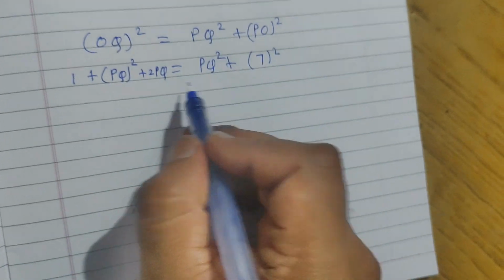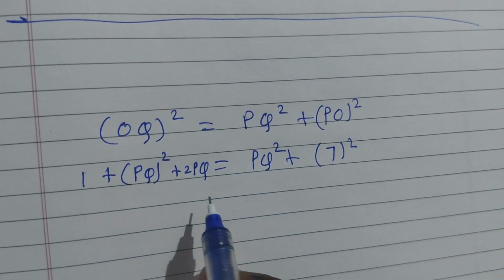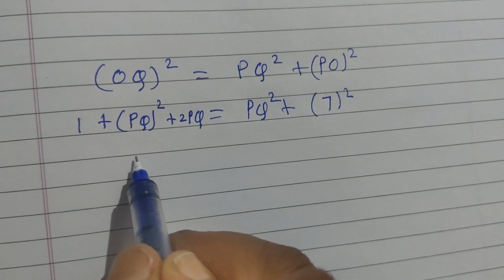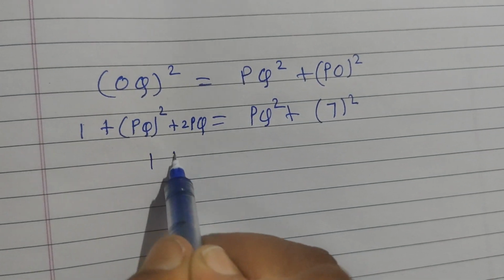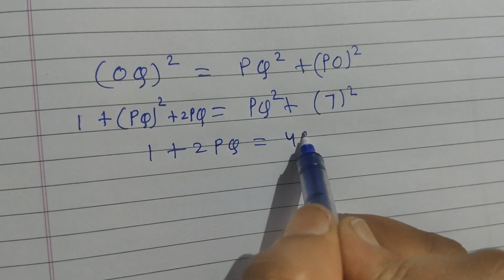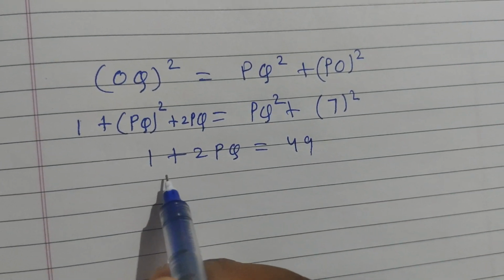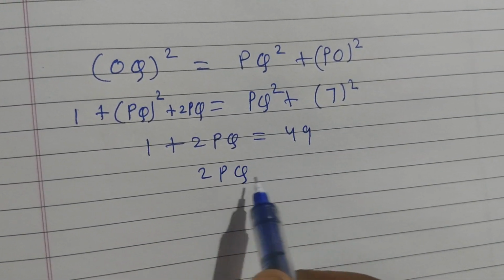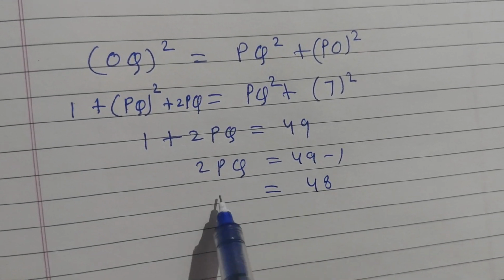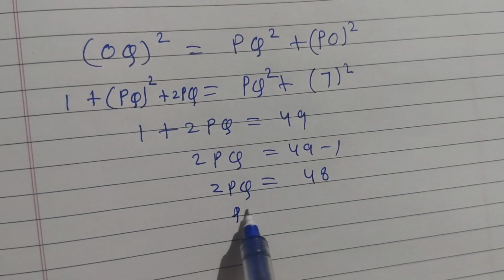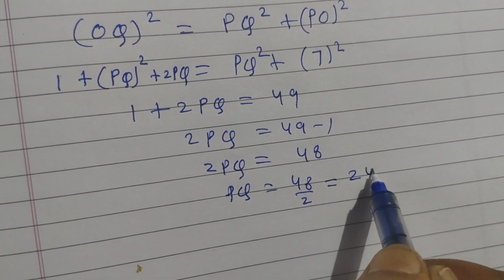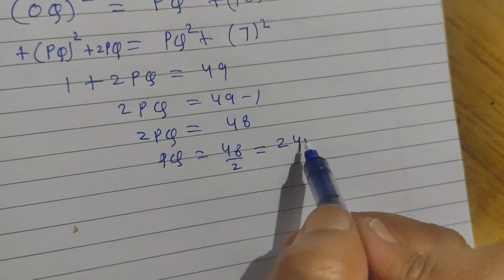So here PQ squared is cancelled. 1 plus 2PQ is equal to 49. So 2PQ is equal to 49 minus 1, which is 48. So PQ is equal to 48 by 2, which is 24 centimeter.